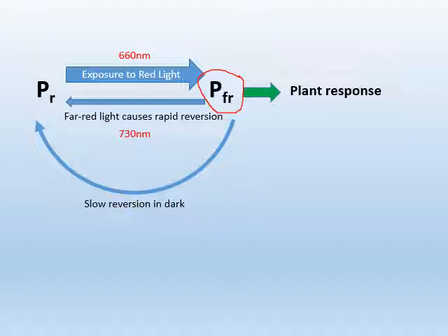So when it's in a PFR state, that means it's sensitive to far red, which means when far red hits it, it will convert to a red sensitive form. And it just flips back and forth like a light switch. Whatever state it's in is the color it's waiting to see, right? So we're talking about 730 nanometers, which is far red, means that the PFR will see that color. And 660 nanometers is the color that it's looking for in the PR state.